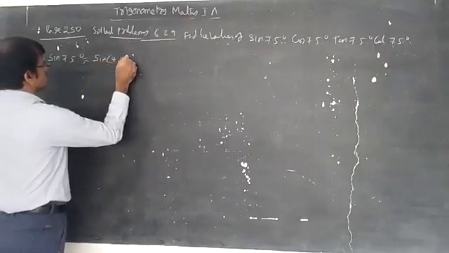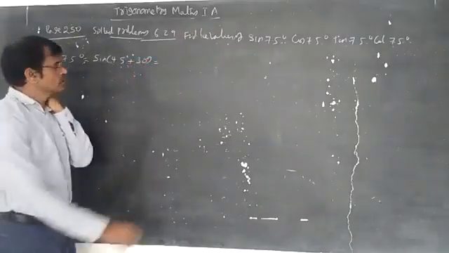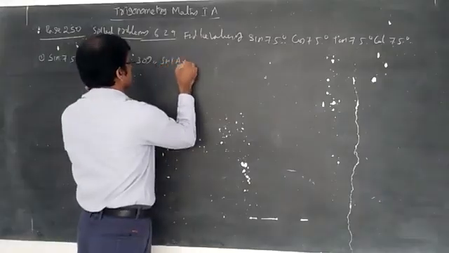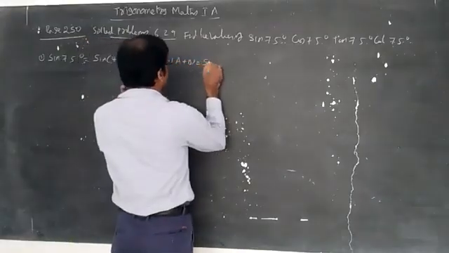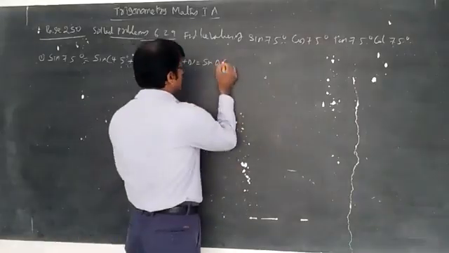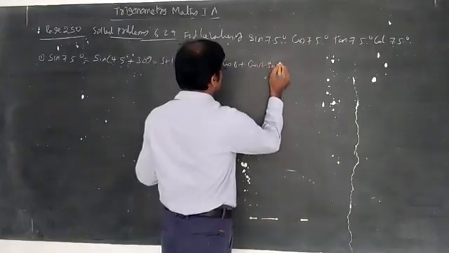Write it like this: sine of 45 plus 30. Write the formula sine of a plus b, which is sine a cos b plus cos a sin b.